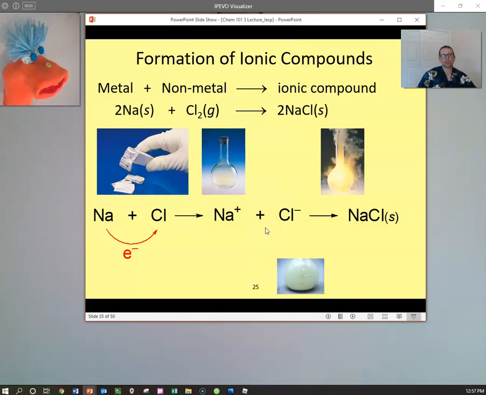Okay? So, sodium gives an electron to chlorine, and sodium becomes a positively charged ion. A chlorine atom becomes a chloride ion by taking that electron. And then those 2 ions stick together to form an ionic compound, sodium chloride.